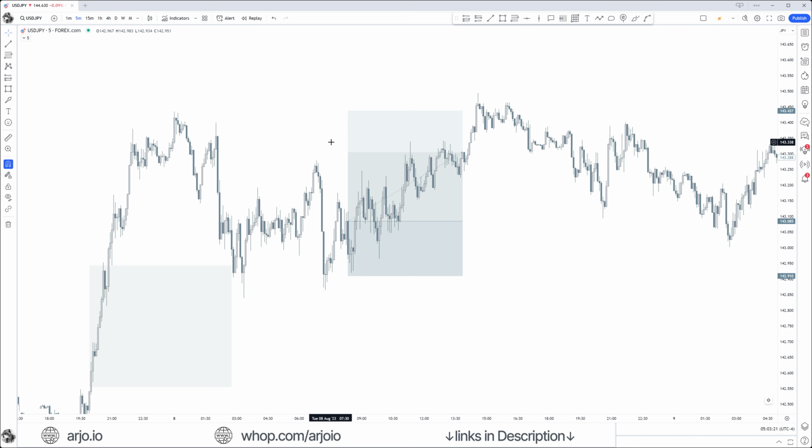And I'll mention it again. Your new week opening gap, your Reaper fair value gap, your AMD, your Power 3, even your market maker model, which we'll go over later as well. Don't worry. Your silver bullet, everything you can think of is already in this trading plan.